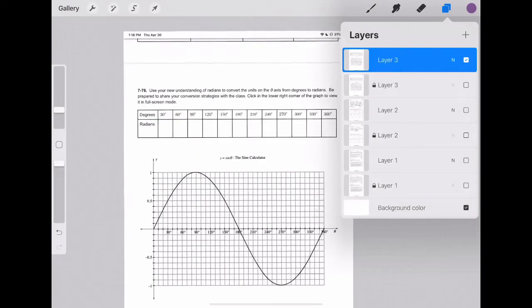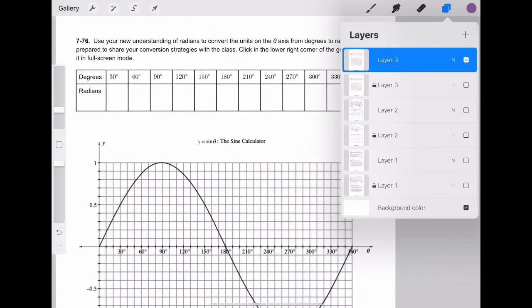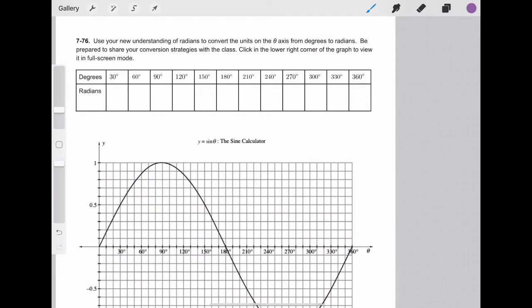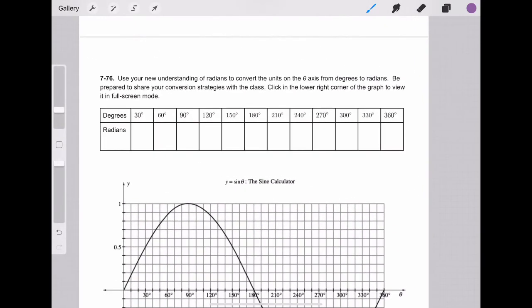Okay, and here's the last part. We're just going to work on converting. Now, what I want you guys to notice is I want you to use the conversion. Since we know that 2 pi is 360 degrees, if you divide this by 2, you can use the fact that pi is equal to 180.